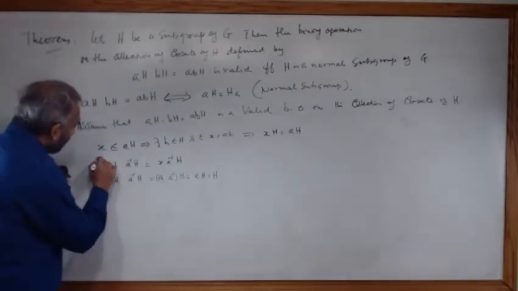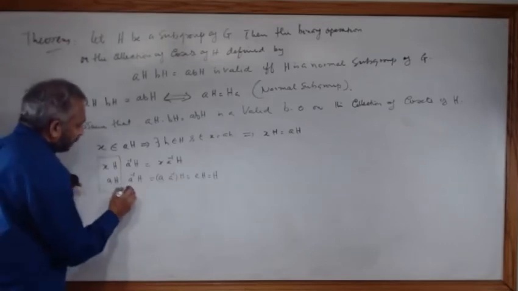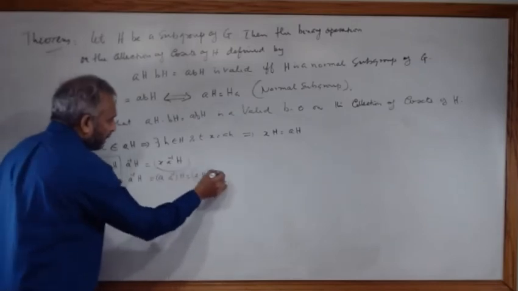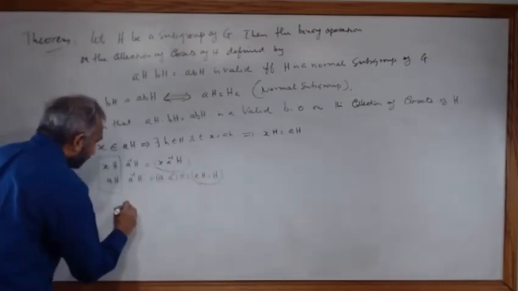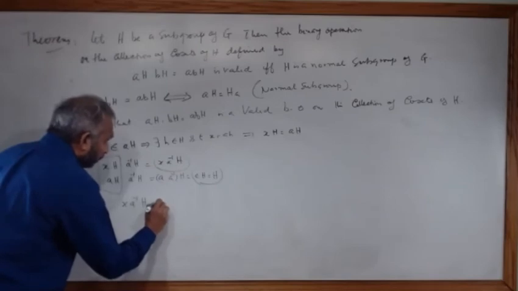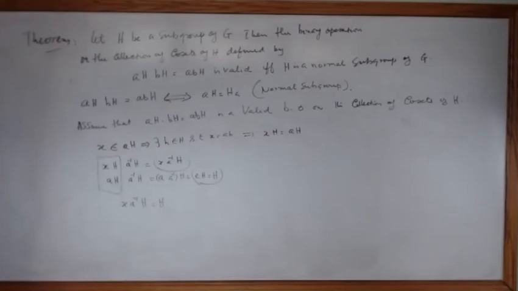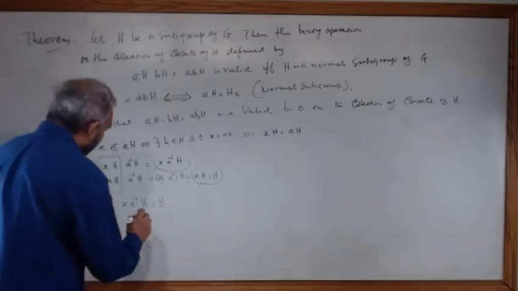But these two are equal, and these are the same. That means this and this are the same. So X A inverse H is equal to H. And what does that mean?